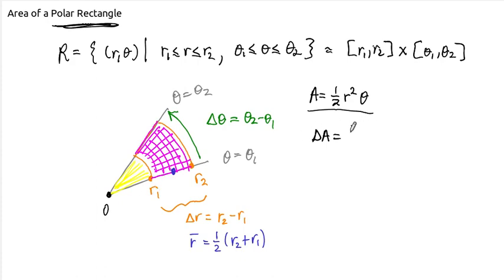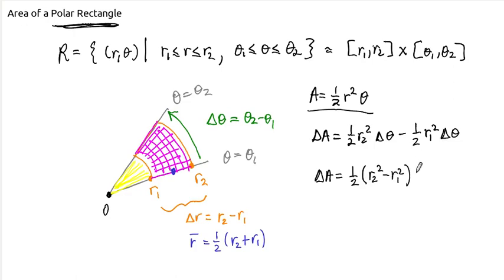That's 1/2 R2 squared times delta theta, the area for the longer radius, take away 1/2 R1 squared delta theta. Both sectors have the same angle, so delta theta can be factored out. We end up with delta A equals 1/2, times the difference of the squares, times delta theta.